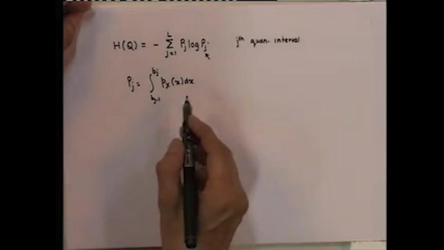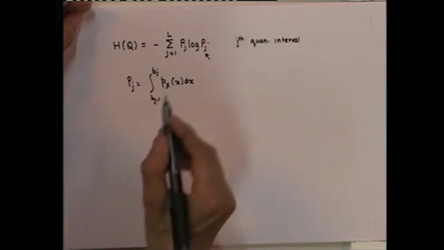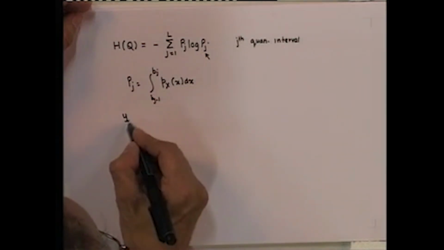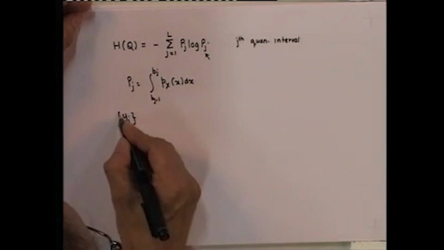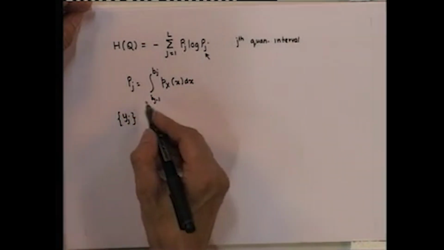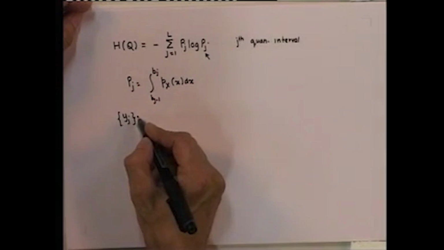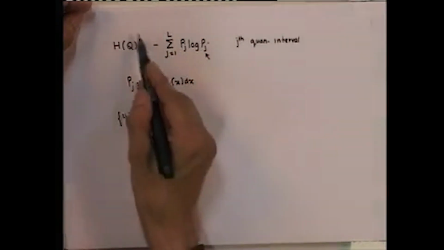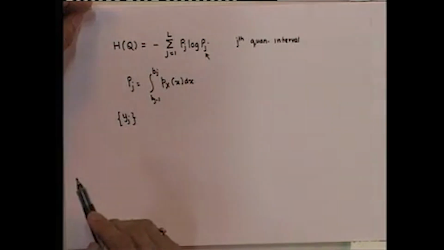Now, it is to be noted that the selection of the representation levels, that is y j, does not affect the calculation of the rate of the quantizer, which is lower bounded by the entropy.